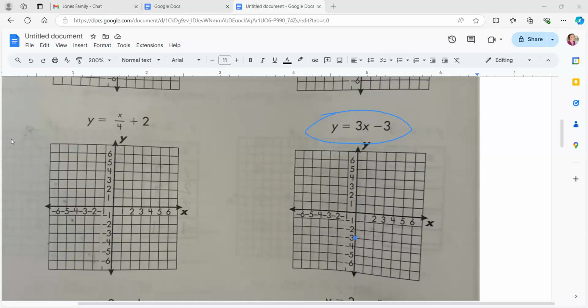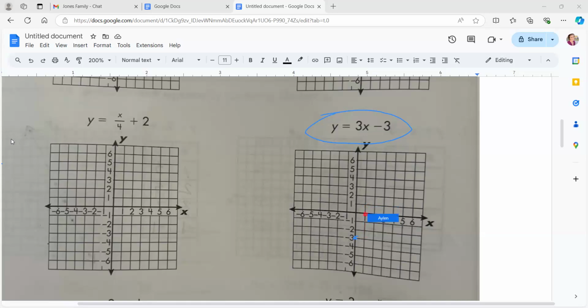Wait, so over 1 and up 3. Somewhere around here. Yeah, you went up 4. So just go up 3 and then put a dot. So take off the actual drawing and then just put the dot. Yeah, good.